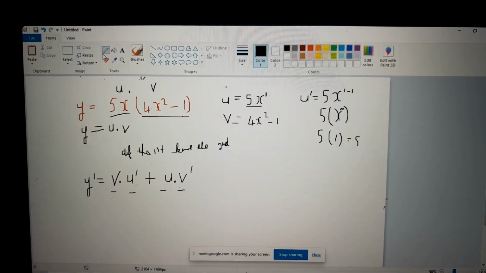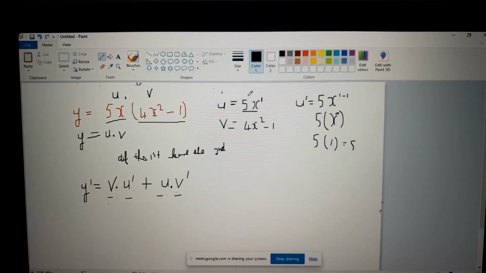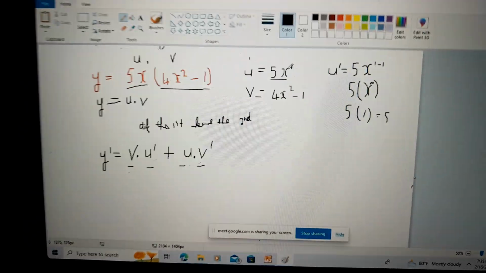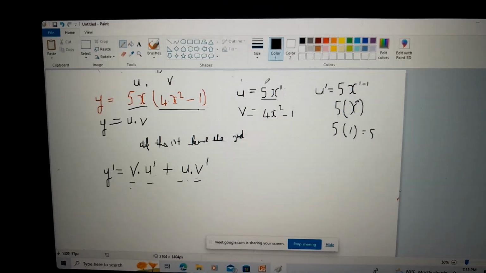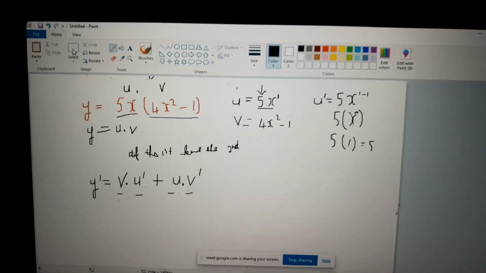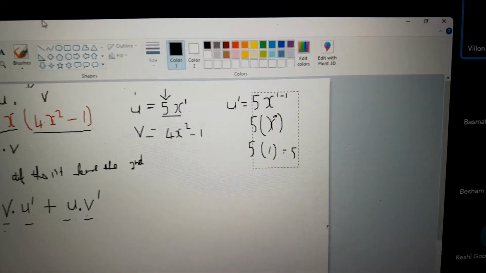So by now you should see when you find the derivative of a function that is raised to the first power, you'll just get a constant. Okay? So your answer is actually just 5. Is this good with everyone? Yes, sir.